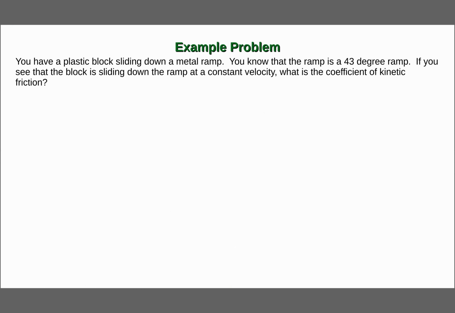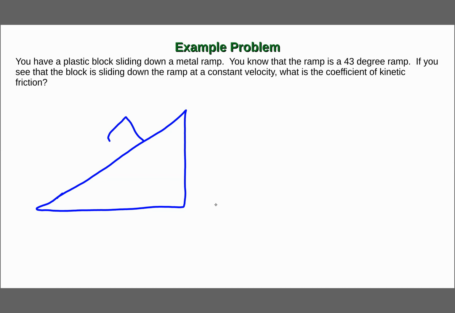So we have some block sliding down a ramp. So let's draw that. We have our ramp, we have our block, and it's sliding down the ramp. Okay, so it has some V here. We have theta, and we know we have kinetic friction going back up as it slides down the ramp. So normal to the ramp is the normal force, and pulling straight down, as always, is the force of gravity.